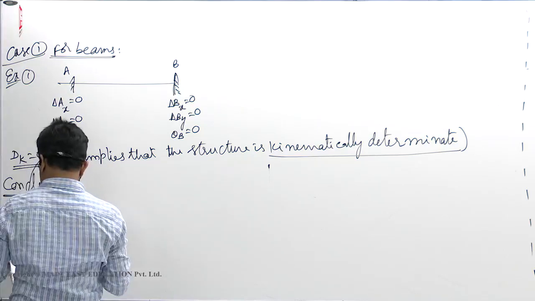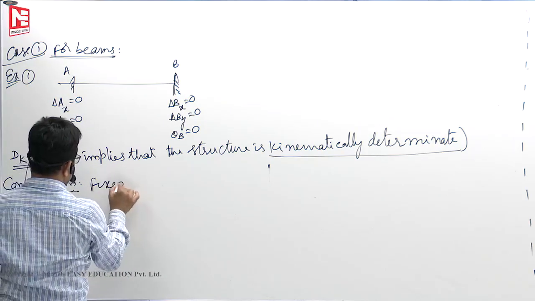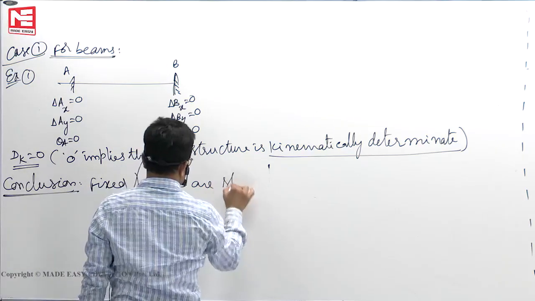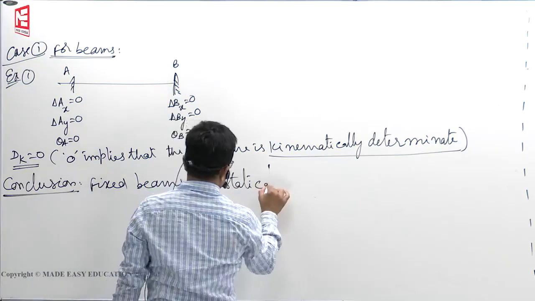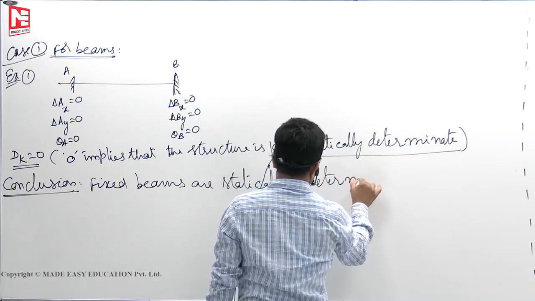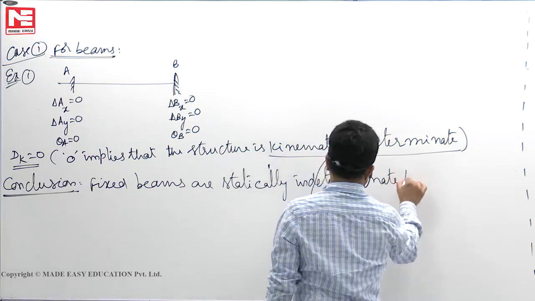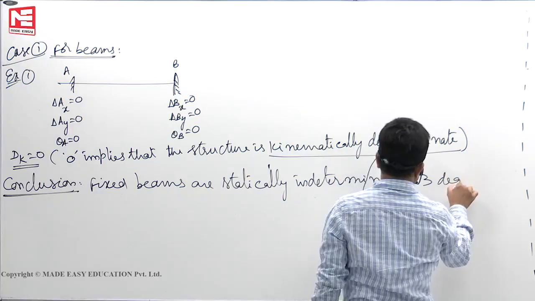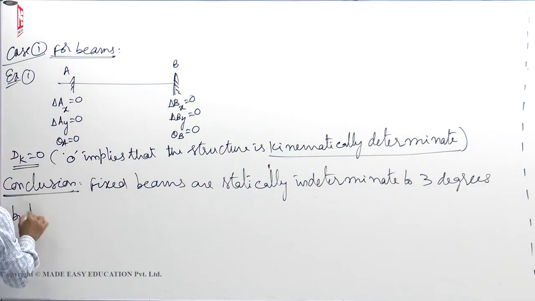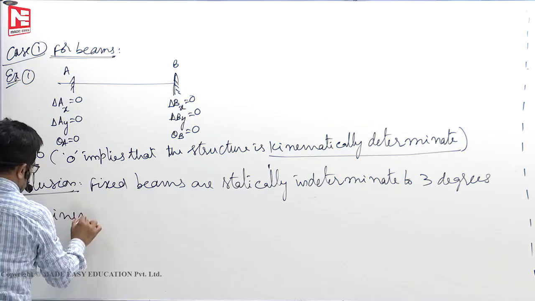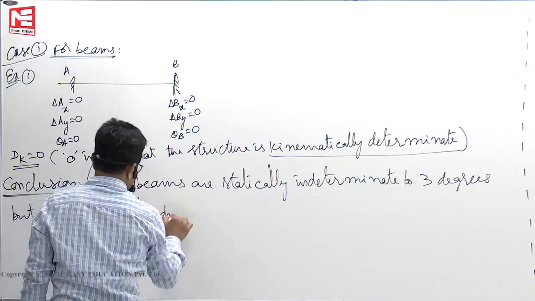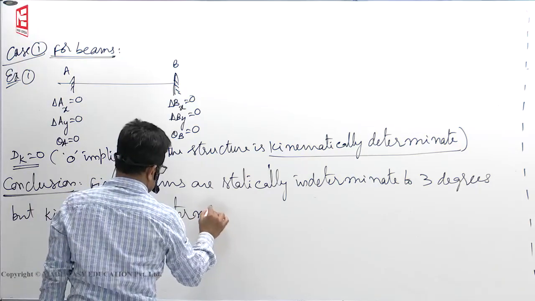Conclusion: fixed beams are statically indeterminate to 3 degrees, but kinematically determinate.